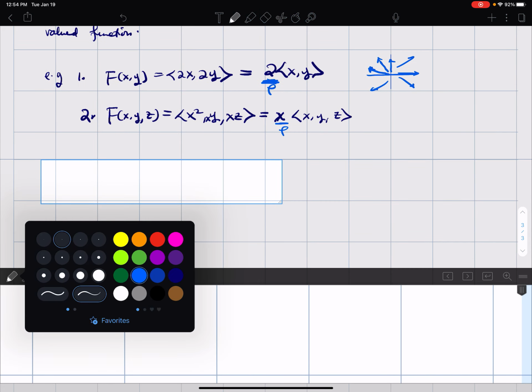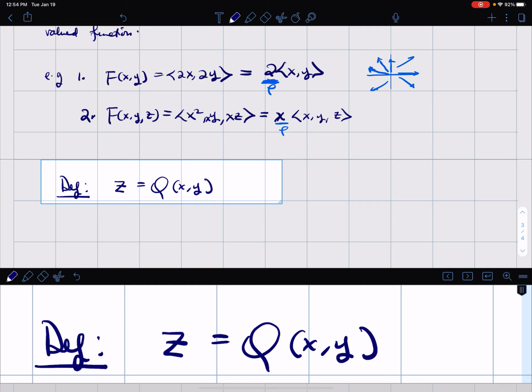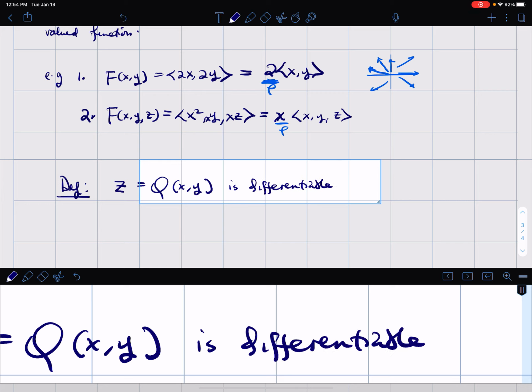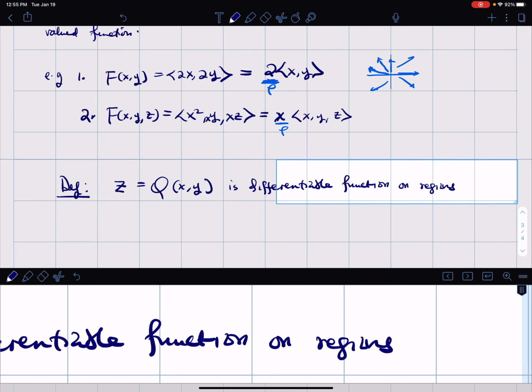All right, let's look at another concept. Assume that we have a function z, let's call it phi of x and y. Let this function be differentiable, a differentiable function on a region in R2, maybe just one region.